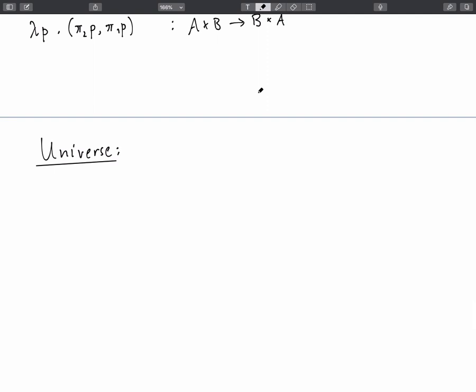Except that you hit the usual paradoxes of self-reference if you say that there is a type of all types, but you can say that there is a type of all small types. So there is a type U, which contains as its points the small types.